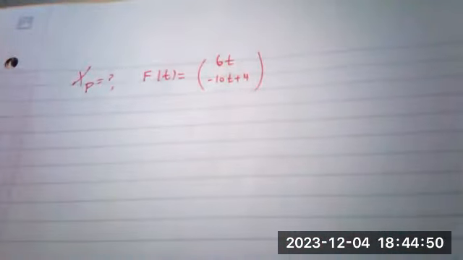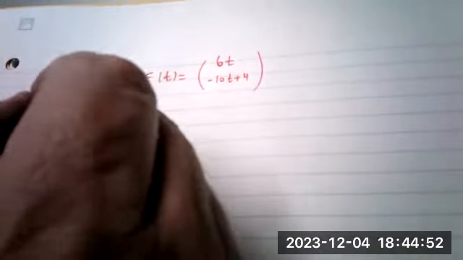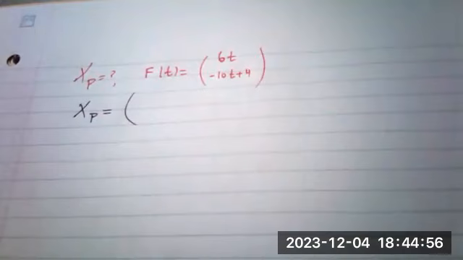You look at the extra function that we have, f of t. The entries are polynomials, 6t and negative 10t plus 4. So xp is going to be equal to, change this into the polynomial with that.